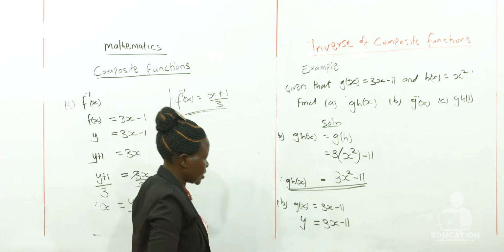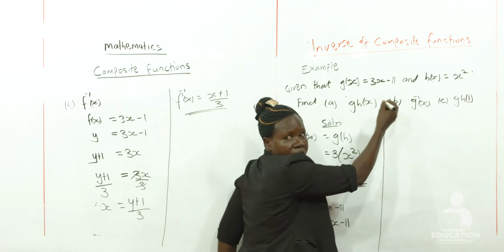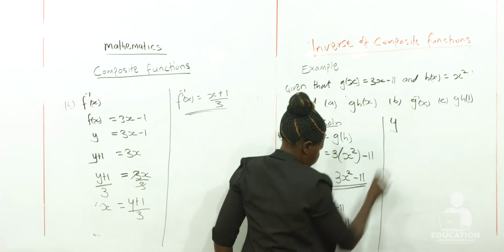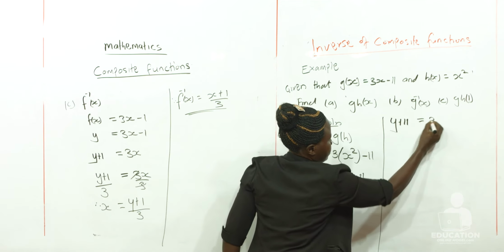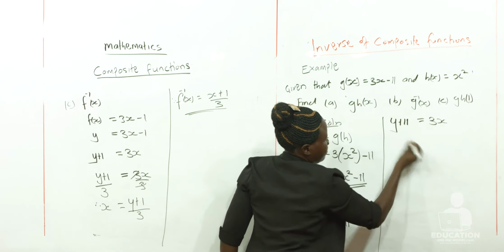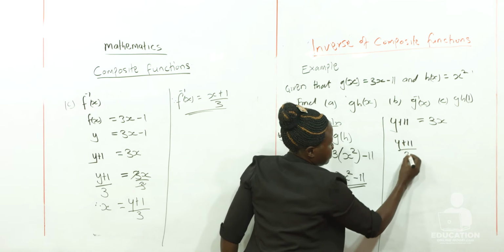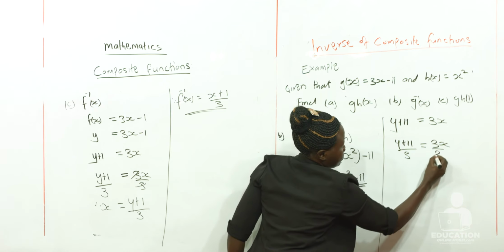So when you make x a subject, it will now give us y plus 11 equals 3x. So you divide both sides by 3 so that you get x alone.